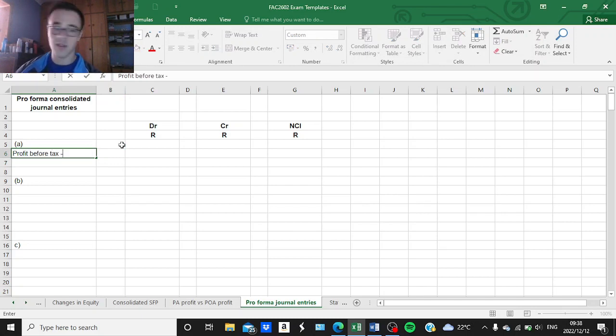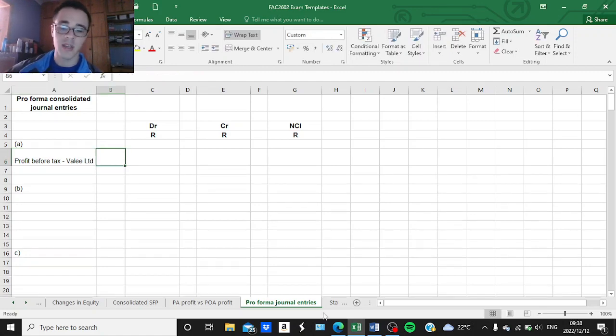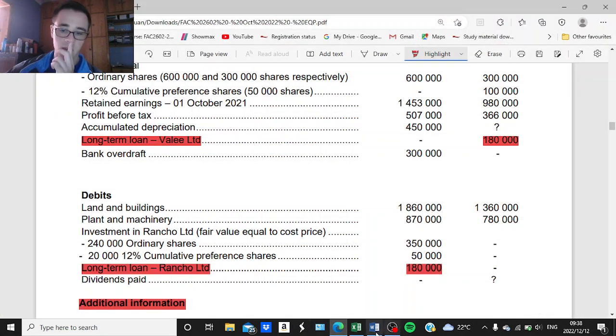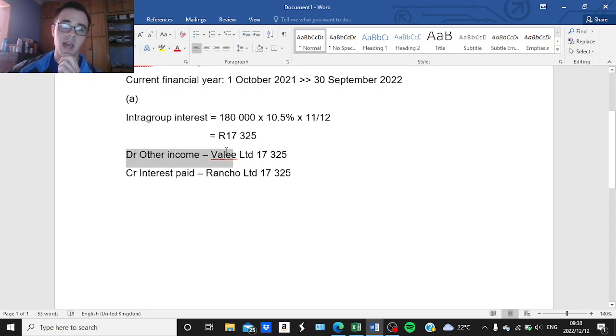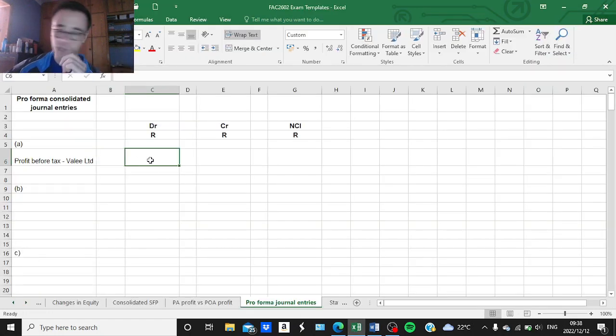So we will debit the profit before tax amount for Value Limited. So what we are doing here is that we are decreasing other income for Value Limited. And if you decrease the company's other income, you will actually decrease its profit before tax amount. All right, so that is just for confirmation.